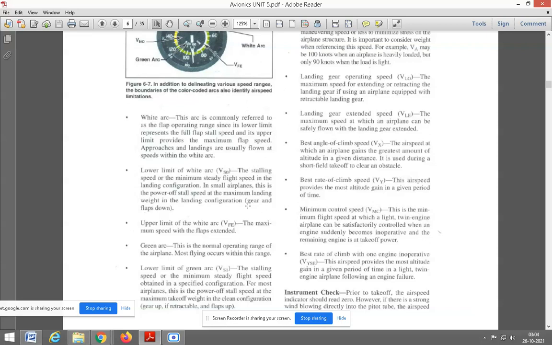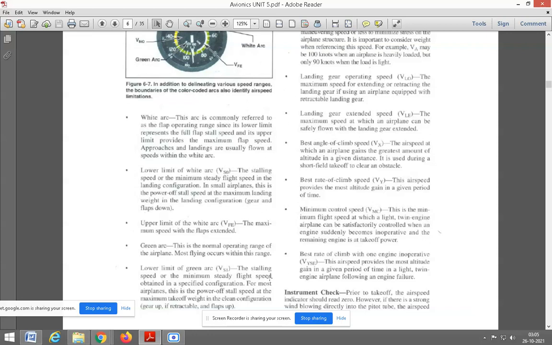Next, the green arc. The green arc indicates the normal operating range of the airplane. The green arc is considered only while your airplane is in flying mode. The green arc also has a lower range and an upper range.